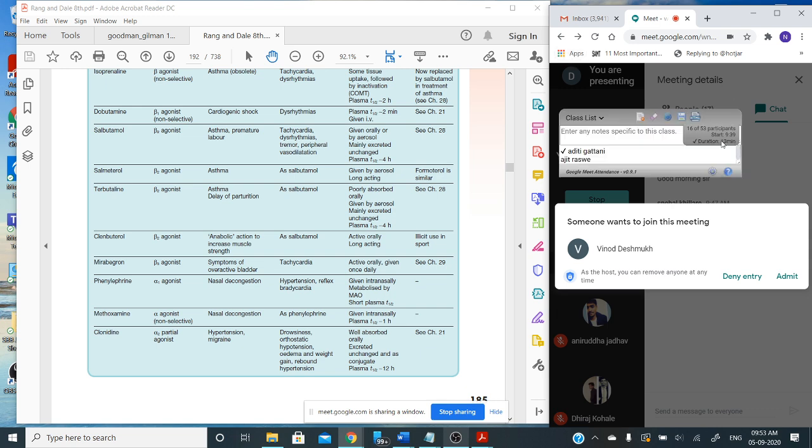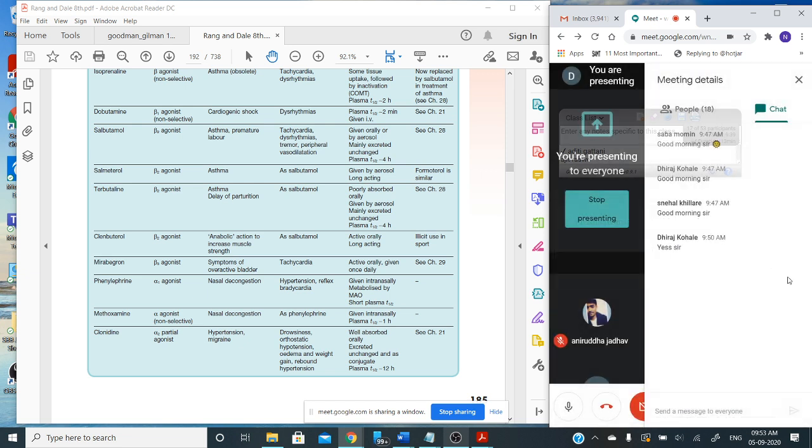Around 1920, he tried an experiment on blood pressure, and when he gave adrenaline, he found the response we have seen earlier: an increase in systolic blood pressure and a decrease in diastolic blood pressure.